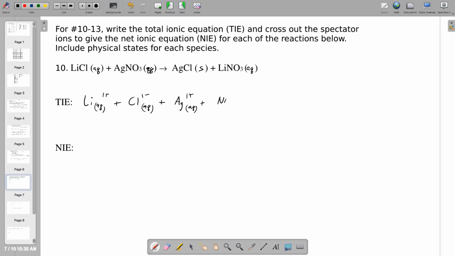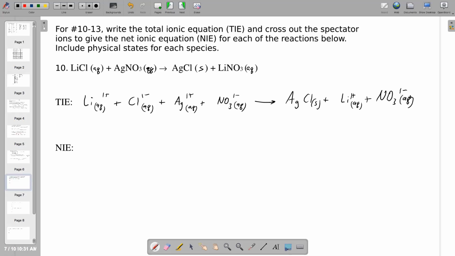The NO3 is all one thing. So those are the 4 ions in solution where you're going to make the reaction take place. And the products include silver chloride, and the lithium nitrate is aqueous, so that's a lithium and a nitrate. So that's the total ionic equation.